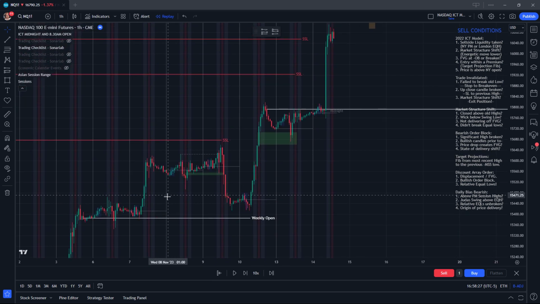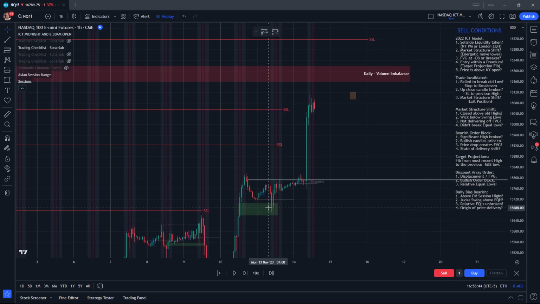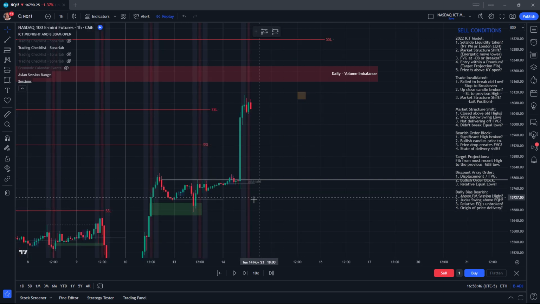So we know there was a fair value gap here the day before. So if we were looking at it here, price had originated from this fair value gap. Price originated from when it respected the mean threshold of this hourly fair value gap, and from there rejected it and then went up.